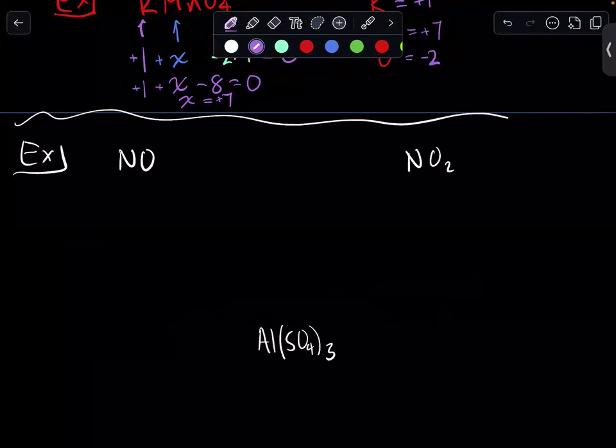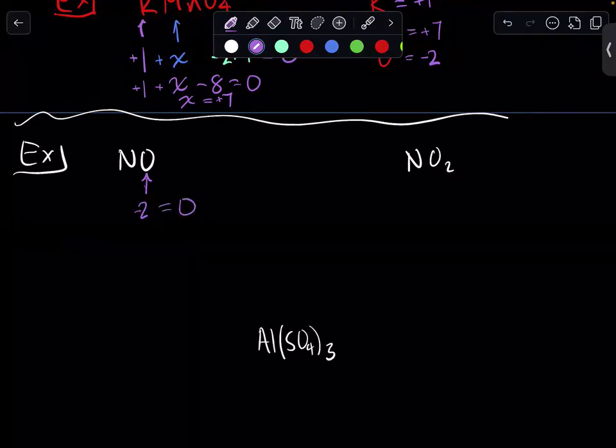All right, so this is only nonmetals. Oxygen is more nonmetallic, and according to rule 5 and 6, it's going to be -2. The overall charge is 0, so therefore nitrogen, which is X, must be +2. So nitrogen has an oxidation state of +2, oxygen has an oxidation state of -2.